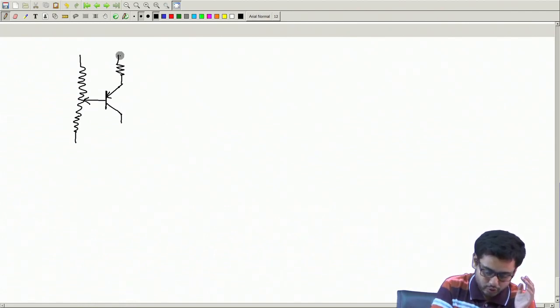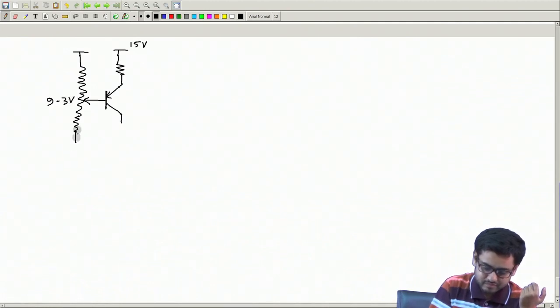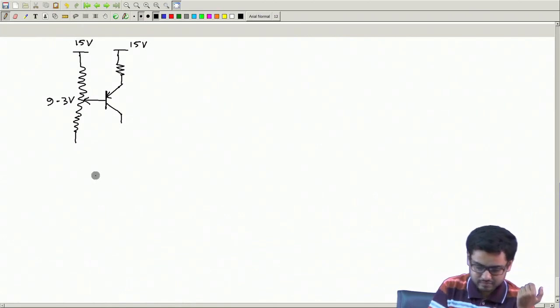So if say this voltage is 15 volt, and I want this voltage drop to be, say, 5.7 volt maybe, so this voltage will be 9.3 volt. So you can take the ratio of these resistances accordingly.